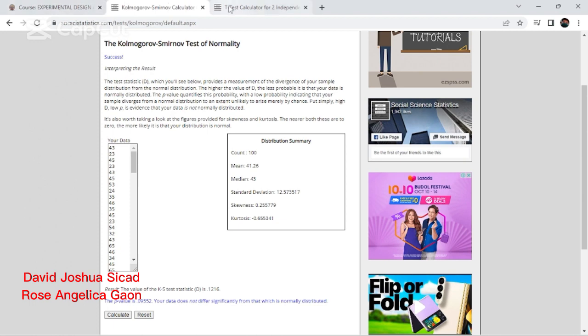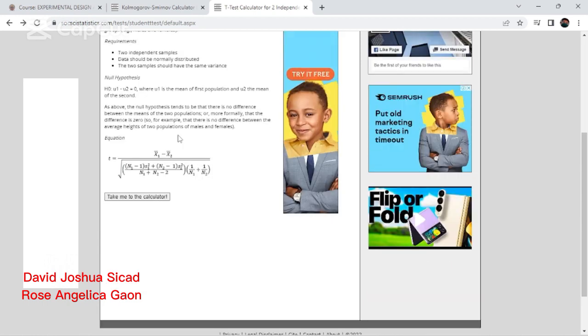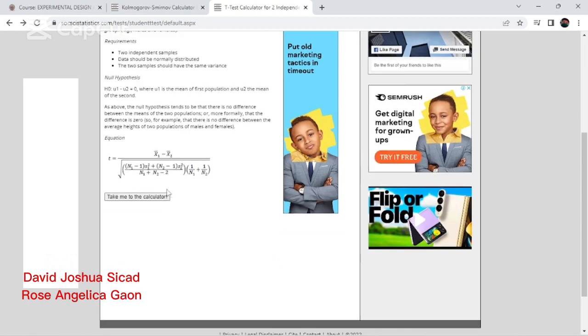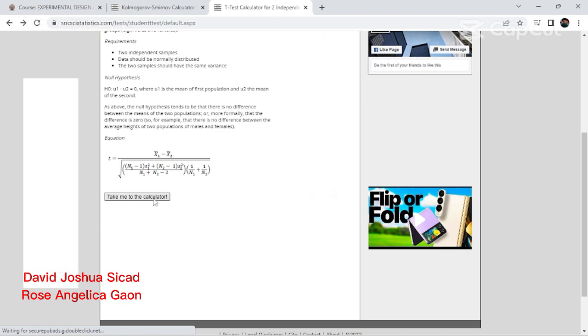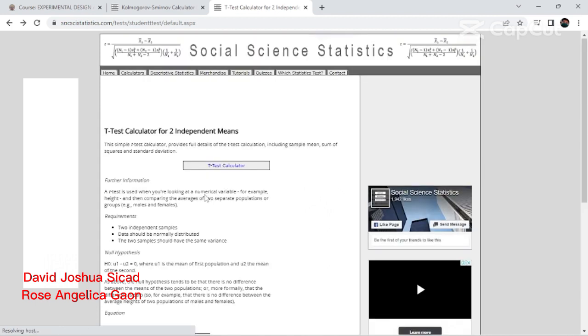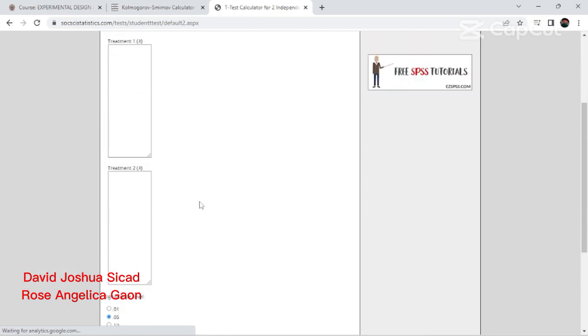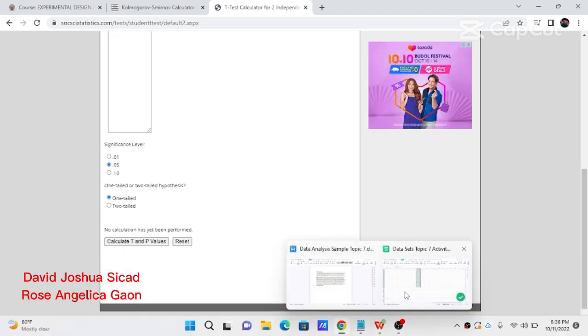Next we will test the two datasets using the t-test calculator. This is the t-test calculator, with treatment 1 and treatment 2.